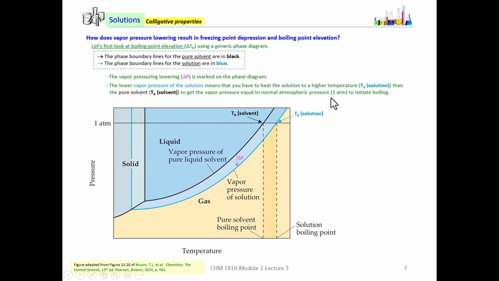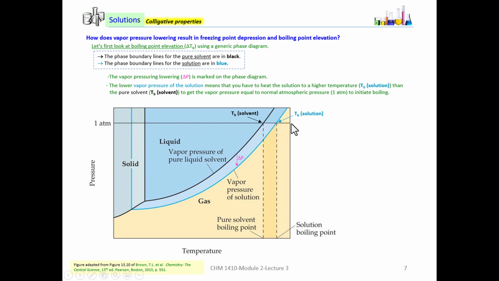Well, so what if the vapor pressure was lowered? What that means is that you have to heat the solution to a higher temperature to get the vapor pressure of the water over the solution equal to atmospheric pressure.